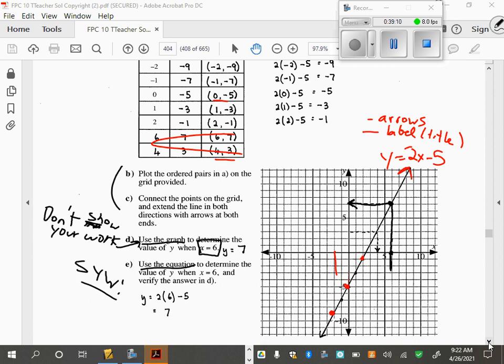Okay, SYW means show your work. So you have to plug it into the equation and tell me that you get the same answer if you use the equation. So use the graph means use the graph, not the formula. Use the equation means use the formula, not the graph. I need to see this work for E.